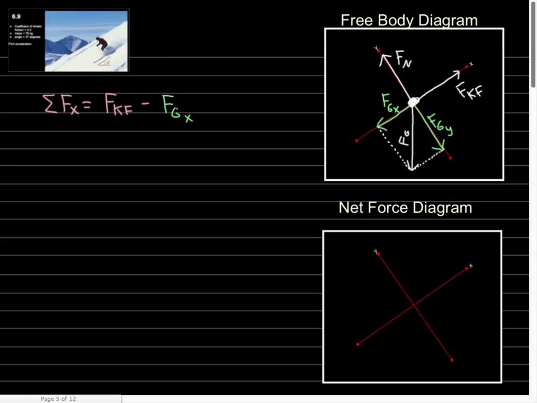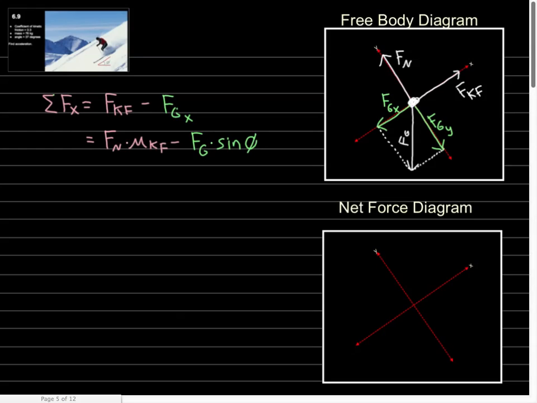Continuing this out, we have the force of kinetic friction, which is equal to the normal force times the coefficient of kinetic friction, minus the force of gravity in the x direction, which is equal to Fg times the sine of theta. Let's explain that.